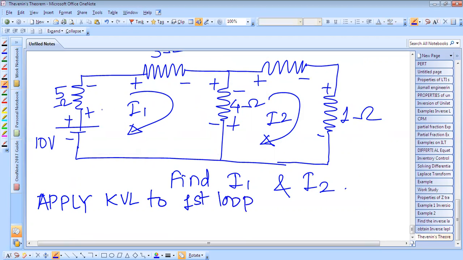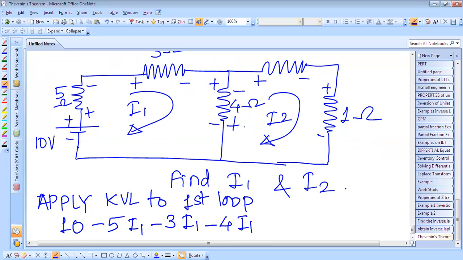Okay. Now we'll start from this 10 volt, minus 5I1, minus 3I1 again here, minus 4I1.